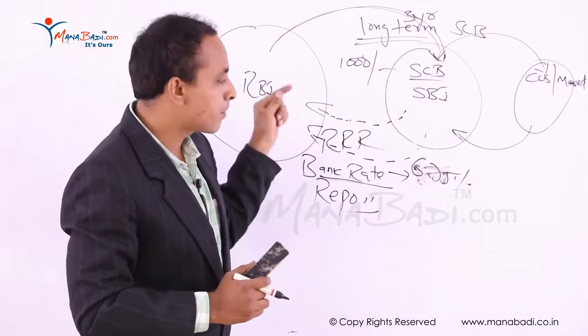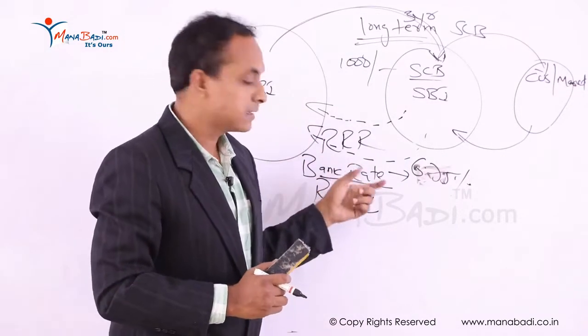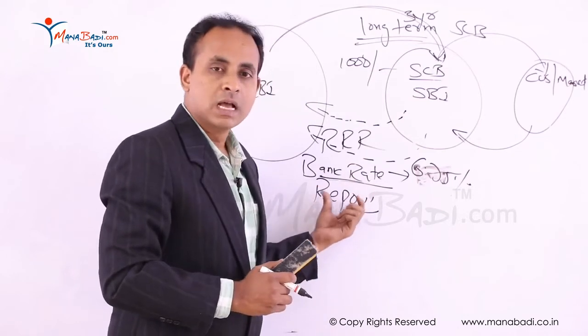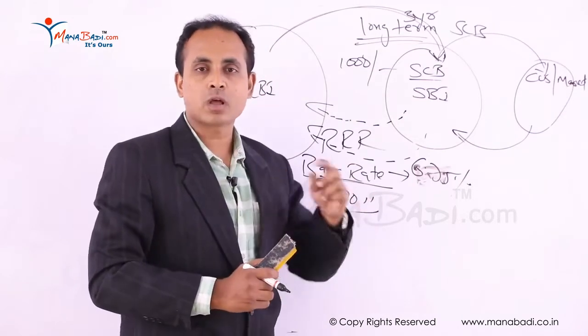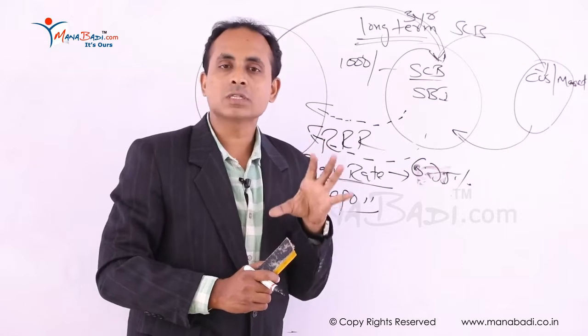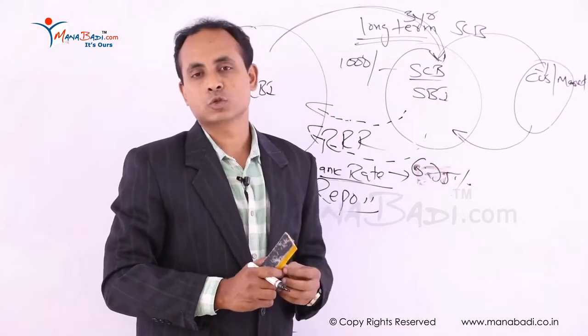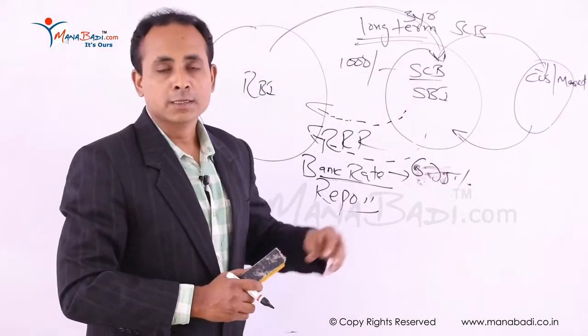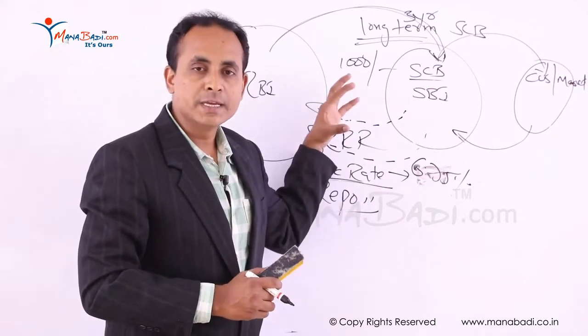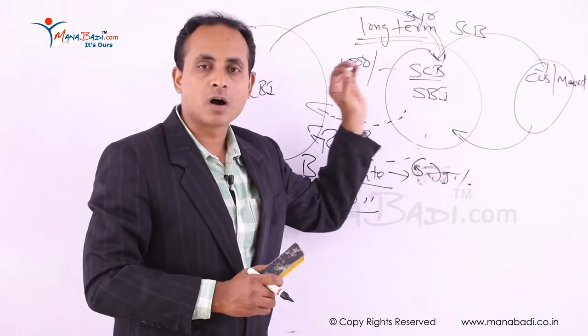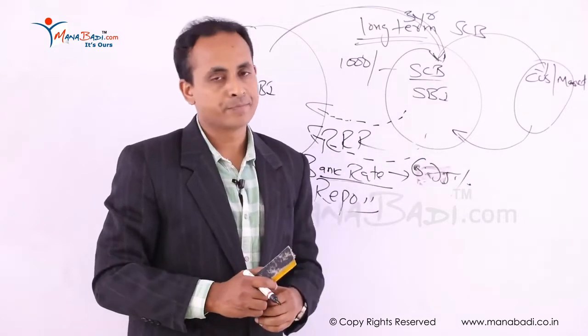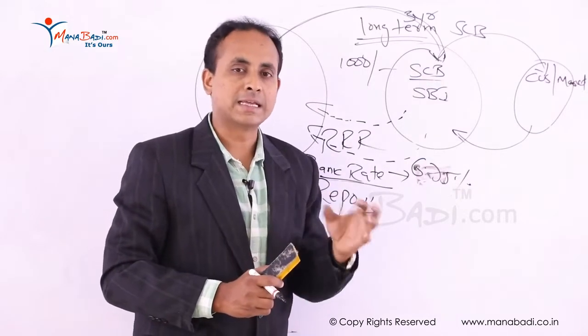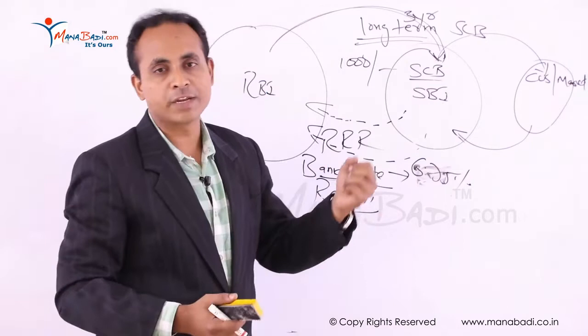Repo rate and reverse repo rate together are called repos. These repos are a very vital instrument in monetary policy. Through these repos, RBI will regulate the money supply. That we will discuss at the end. First we stick to the definition part.